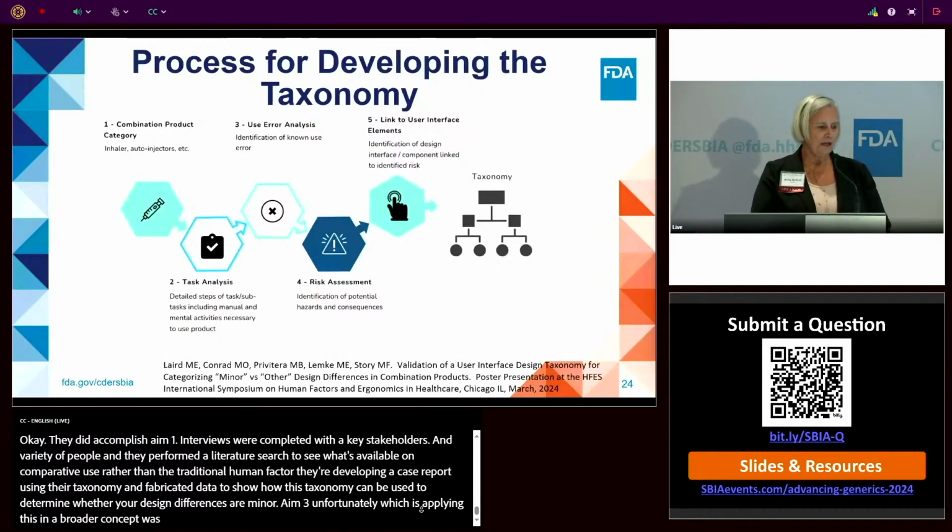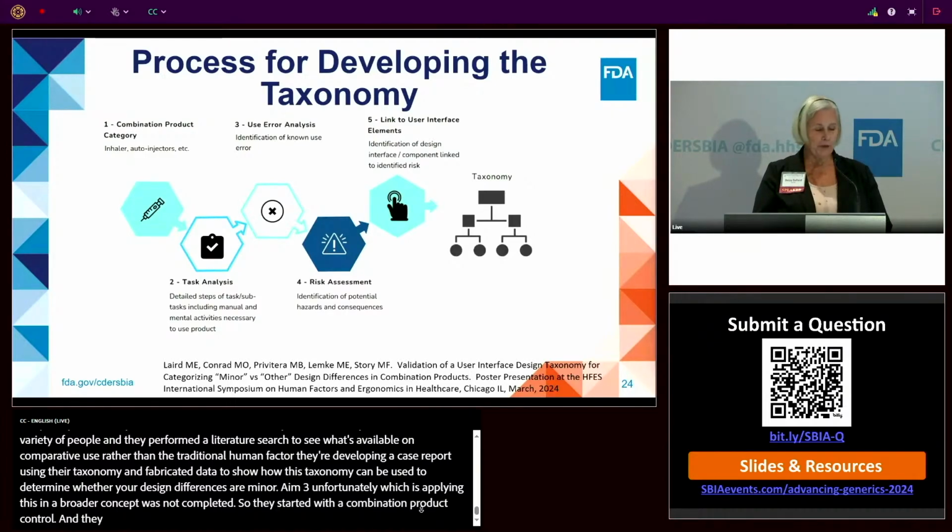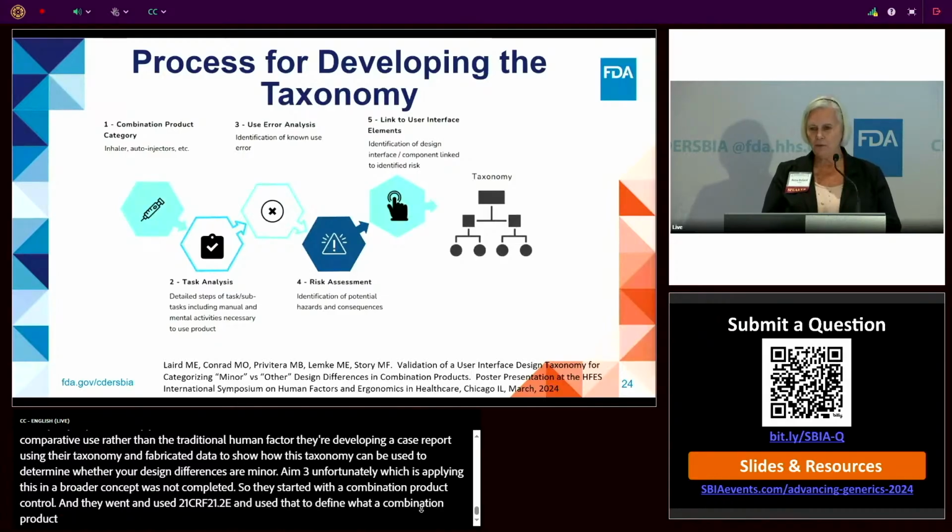So what is the taxonomy? They started with the combination product categories, and they used 21 CFR 3.2(e) to help define what a combination product was. And then after talking with the agency, they were able to prioritize which products they would look at in more depth.